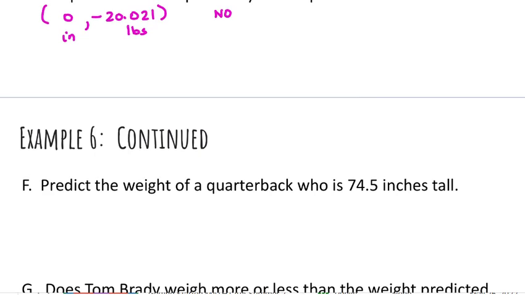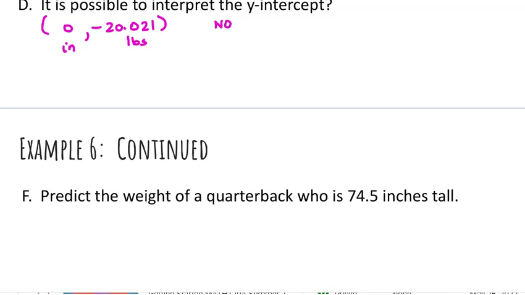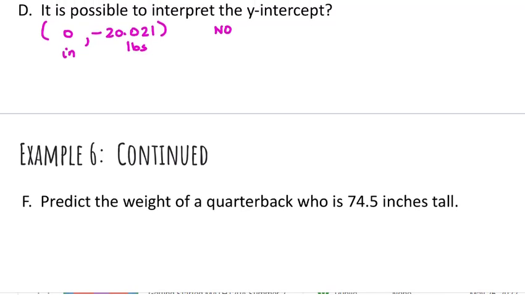And it says predict the weight of a quarterback who is 74.5 inches. So we're going to take the equation y equals 3.272x minus 20.021, and we're going to sub in 74.5.